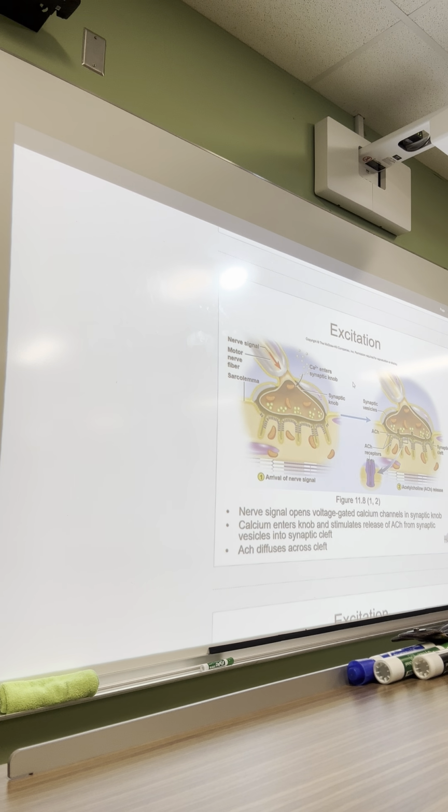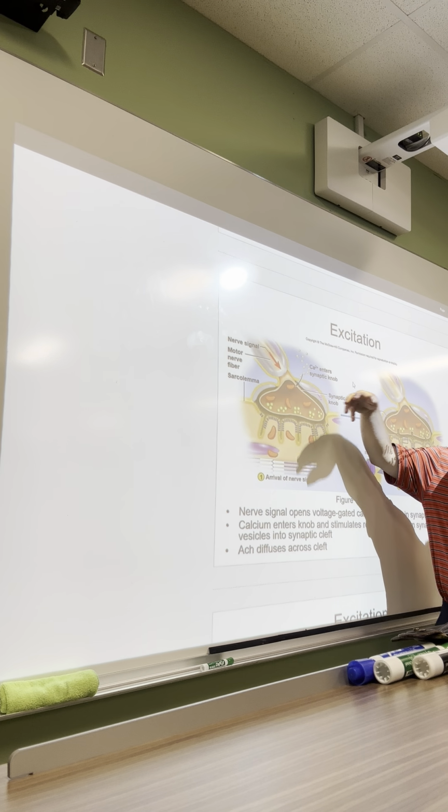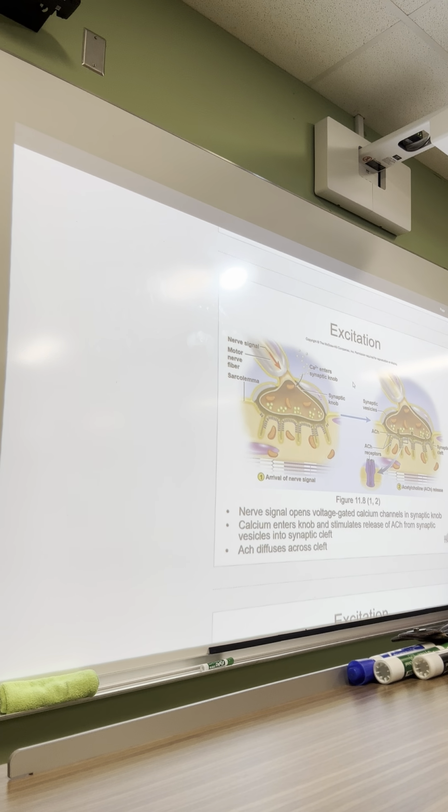Calcium enters the knob and stimulates the release of acetylcholine from the synaptic vesicles into the synaptic cleft. So what happens? That calcium entering the cell is a stimulation for the vesicles to go to the surface and open, or exocytose, their material, which is acetylcholine, into the synapse.